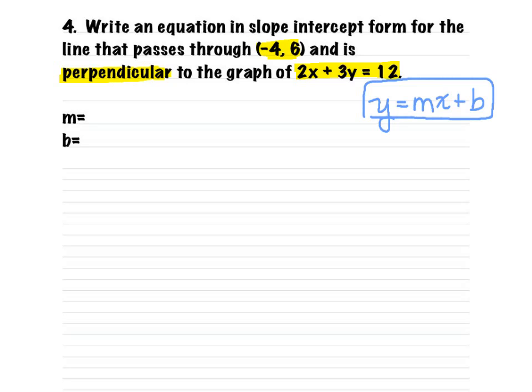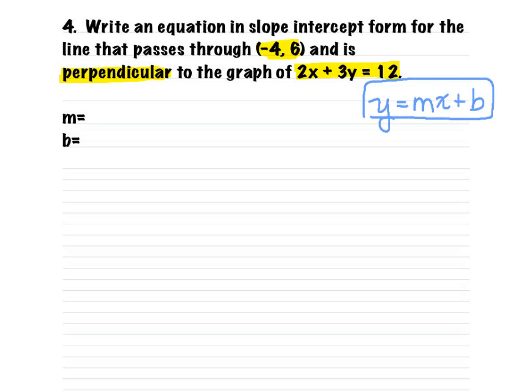Let's talk about this line that we're going to write the equation for. This line goes through (-4, 6), and it is perpendicular to the graph of 2x plus 3y equals 12. Well, you just learned that perpendicular lines have opposite reciprocal slopes. So, if we can find the slope of 2x plus 3y equals 12, then we can find the opposite reciprocal of that slope, and that'll be the slope of our line.